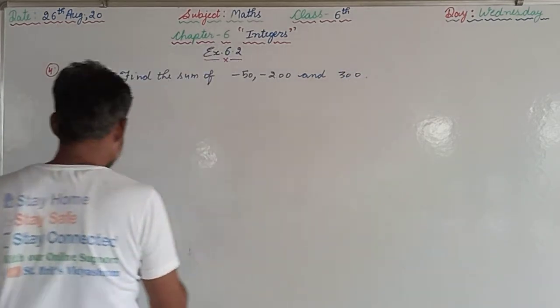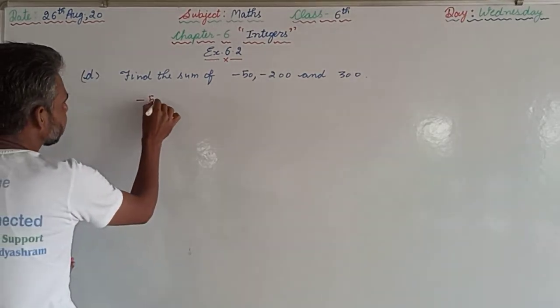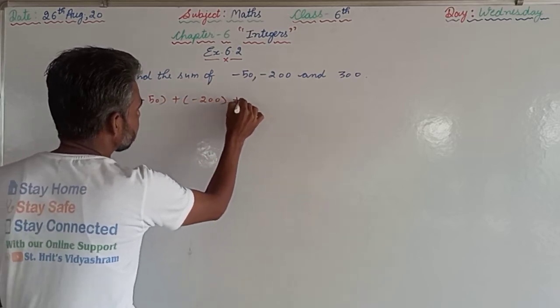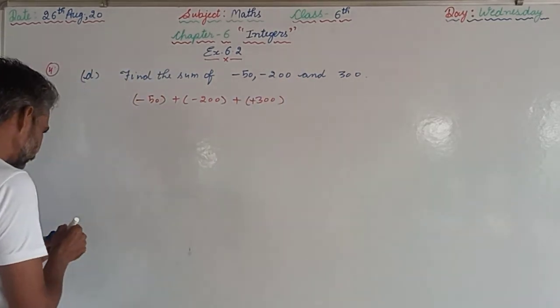So first of all we will represent it in the mathematical form, that is minus 50 plus minus 200 plus 300. No sign is there means plus sign is there.